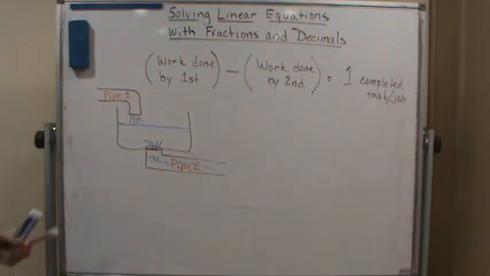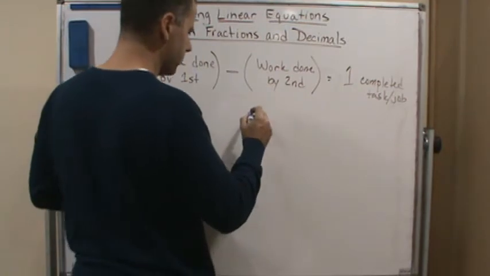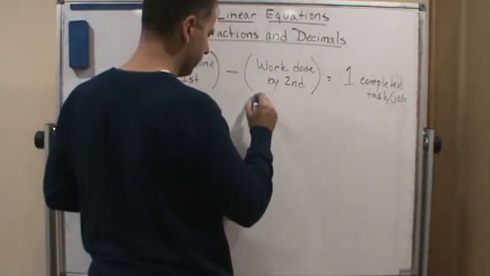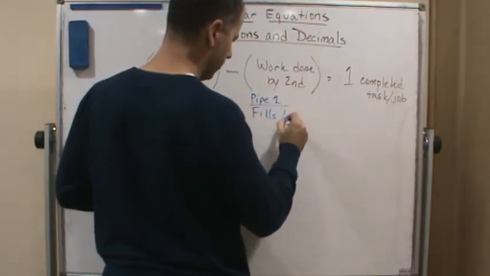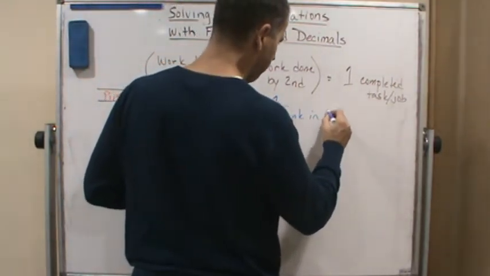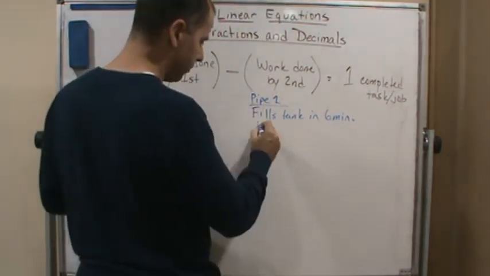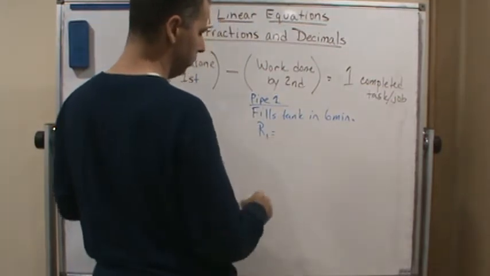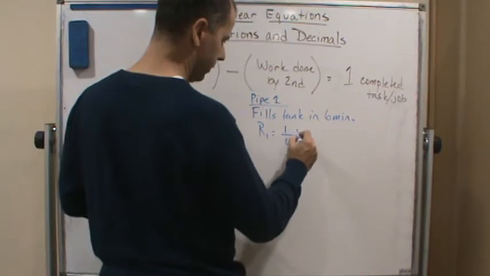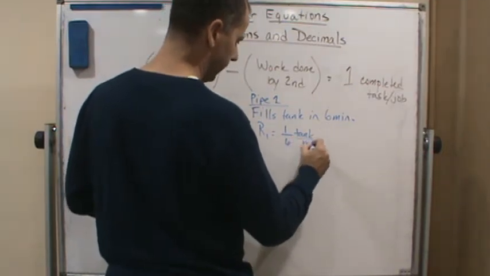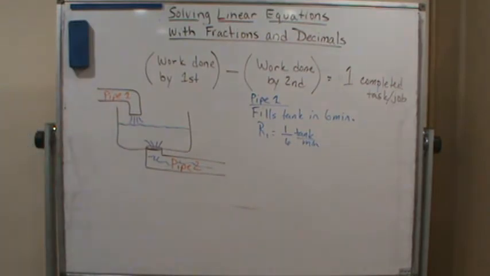So pipe one, the faucet, fills the tank in 6 minutes, which means its rate, we'll call it rate one, is 1/6 of the tank per minute.